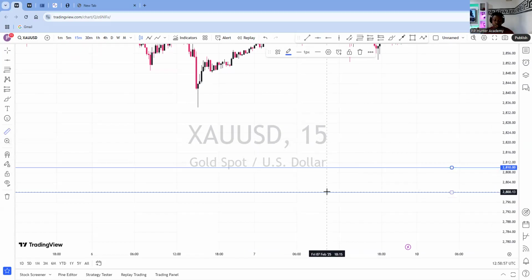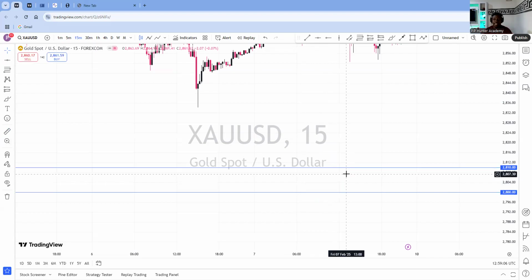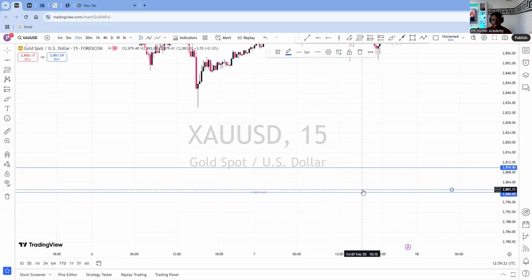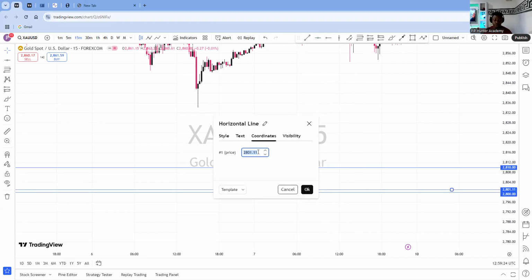Now let's use a measure tool to calculate. Of course, that's 100 pips. Always understand it this way: from 2800 to 2810 is 100 pips. What about if you want to get 10 pips? So 10 pips is going to be 2800 to 2801.